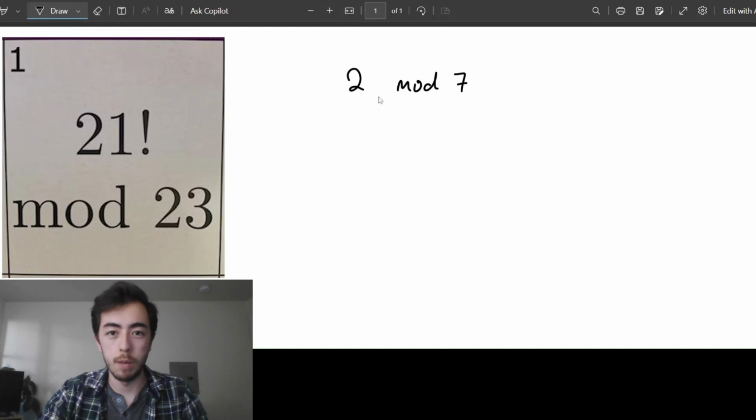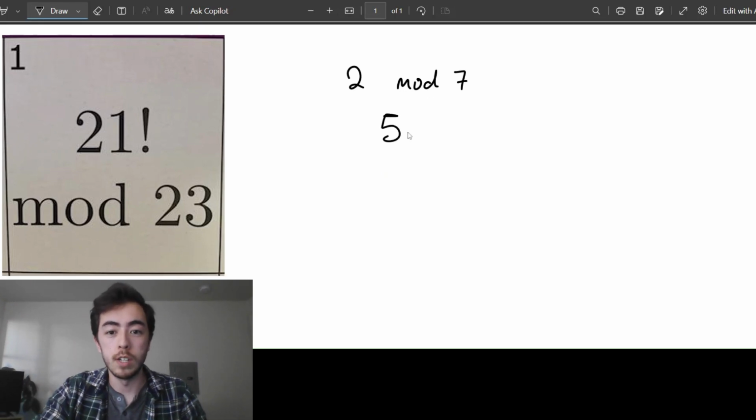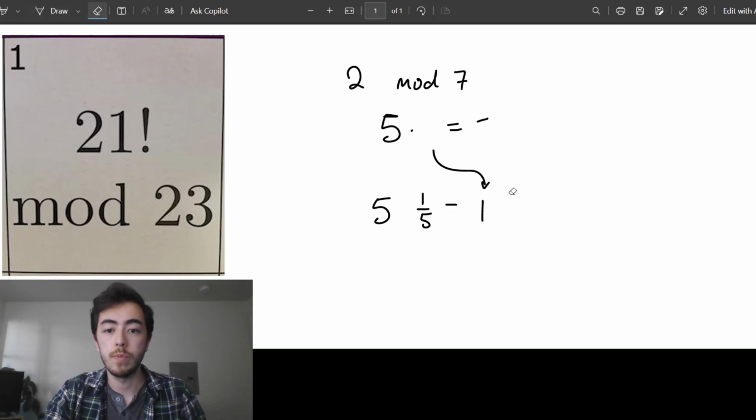A little vocab tip here, an inverse is just a number that brings you back to your identity number. And another vocab word, your identity number, is your do-nothing number. So for example, with multiplication, our do-nothing number is 1. And so a number's inverse is going to be another number that brings you back to the identity number.